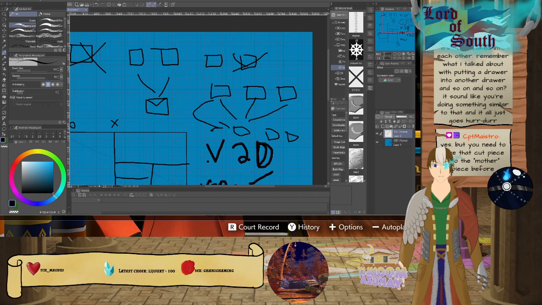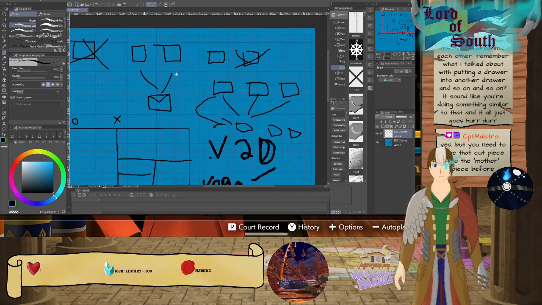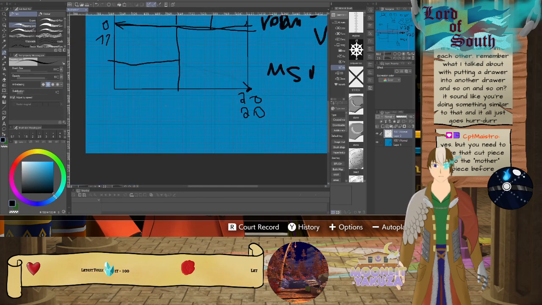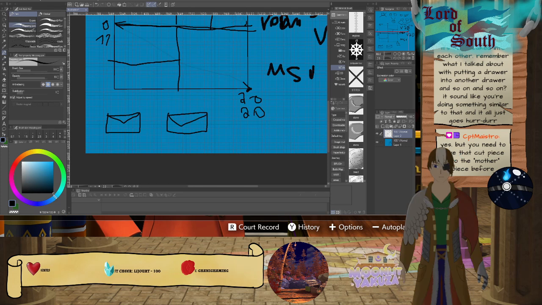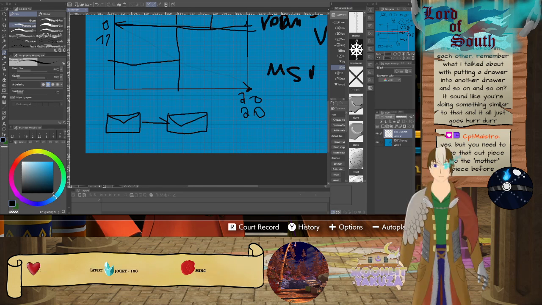Yes, but that's basically me also having a folder. What I have is basically a main folder, and I have a subfolder. Subfolder is equal to main folder.